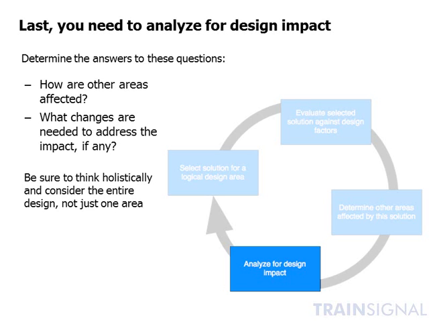If you determine in this process of analyzing for design impact that the impact of a particular technology choice or solution in this process would be too great, would be too significant, then now you have to go back and iterate through this process again.